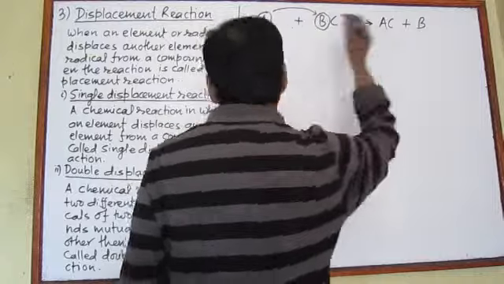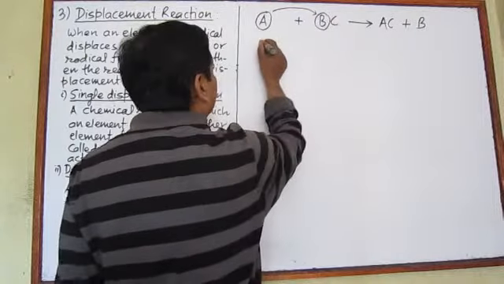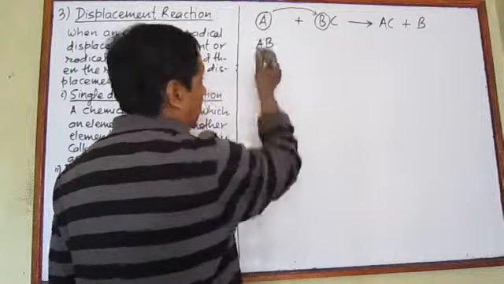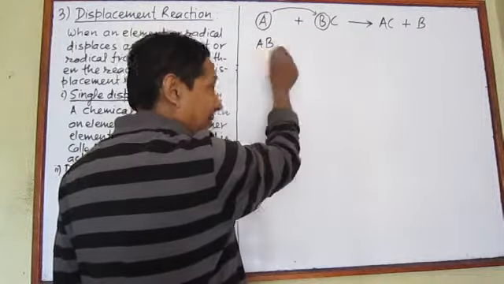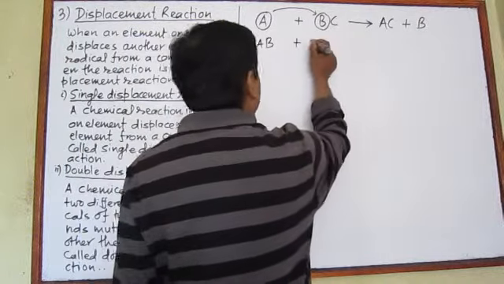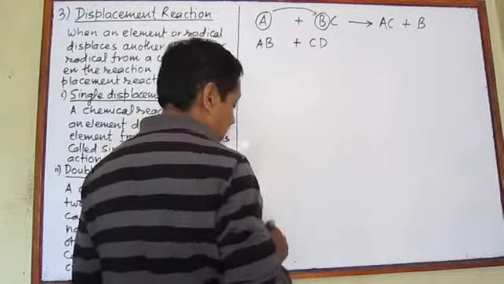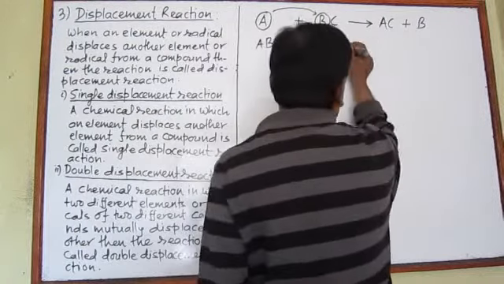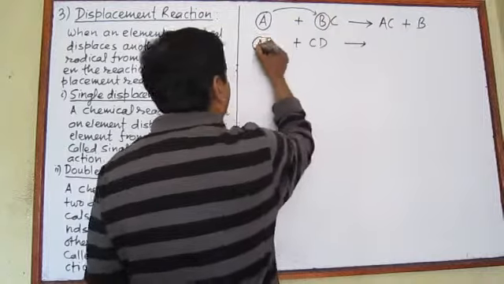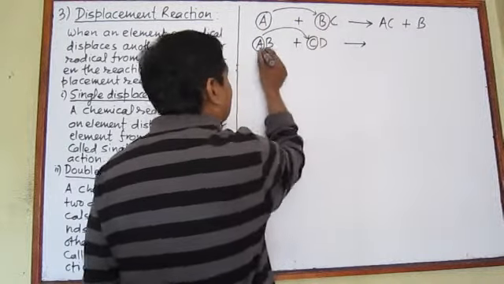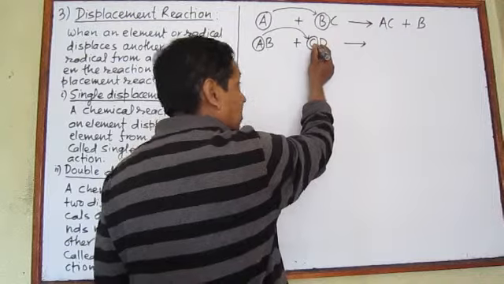Now, maybe another type also. Let's say AB is a compound having two elements or two, maybe both radicals, and it is reacting with CD, another compound, maybe both elements or radicals, and they react in such a way that A displaces C, meaning this element or radical displaces this element or radical.